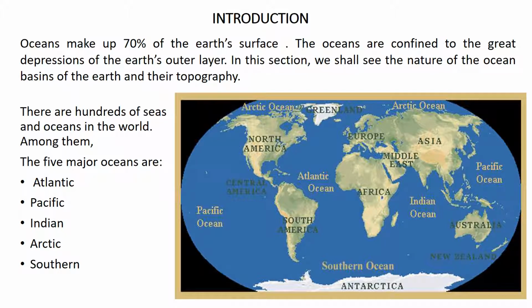You know this since school time. I'm showing you this map so that it will be easier for us if we discuss specific relief features which are associated with these oceans, right?